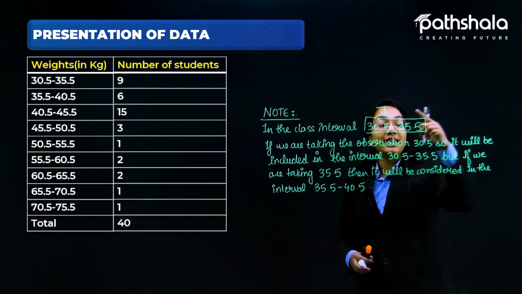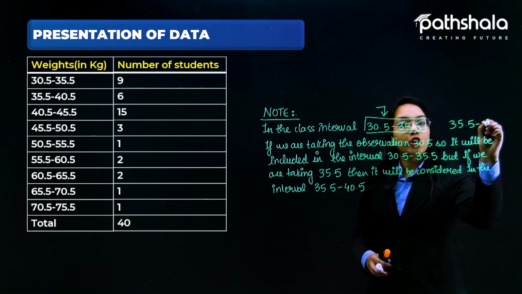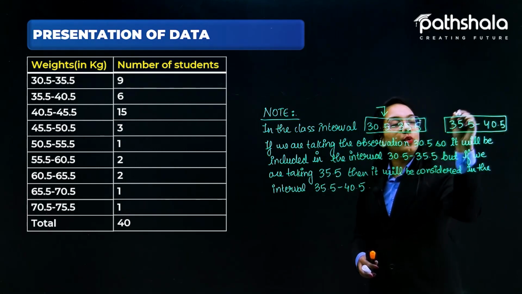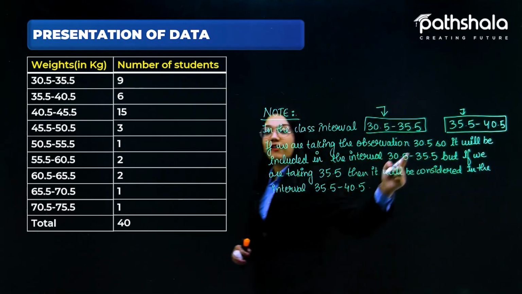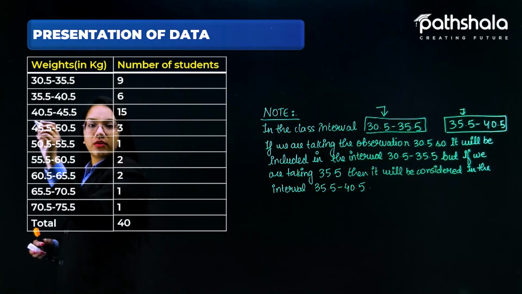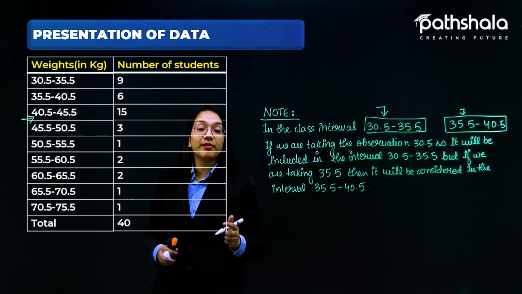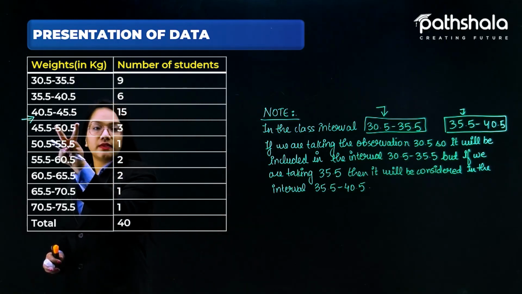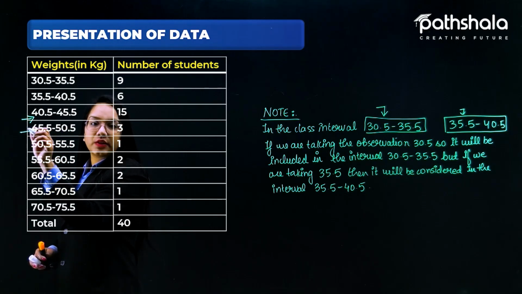It would be considered in the interval 35.5 to 40.5 only. And 40.5 will be considered in the next interval, which is 40.5 to 45.5. Again, 45.5 won't be considered in this particular interval. 45.5 would be considered in the next interval.